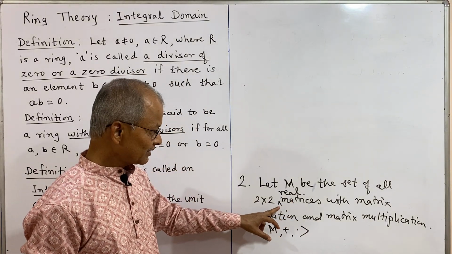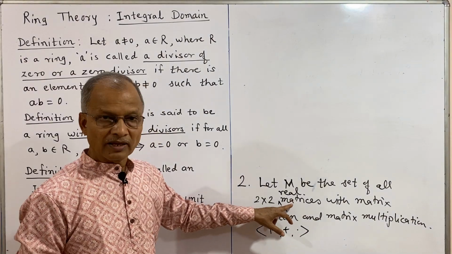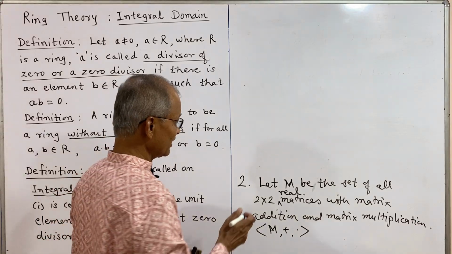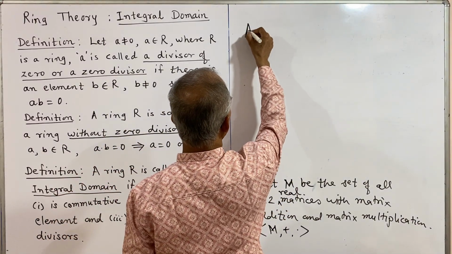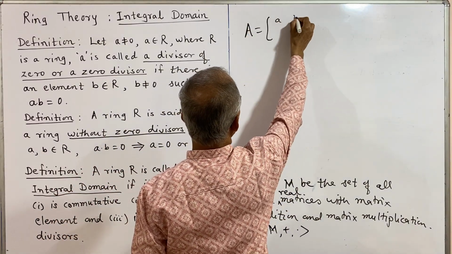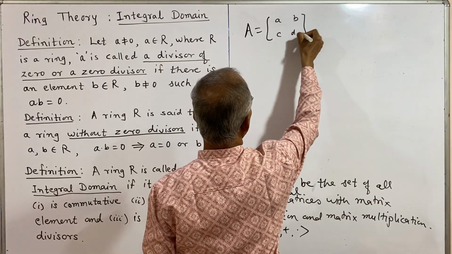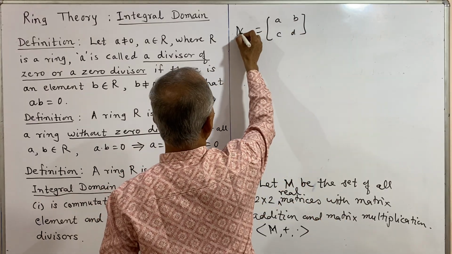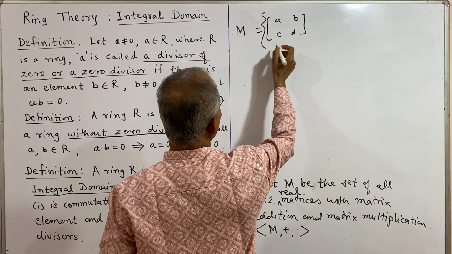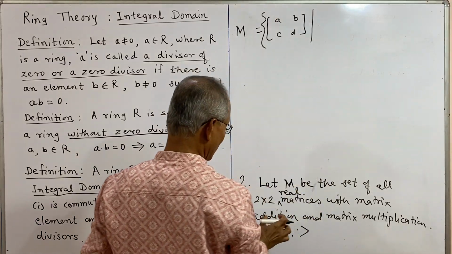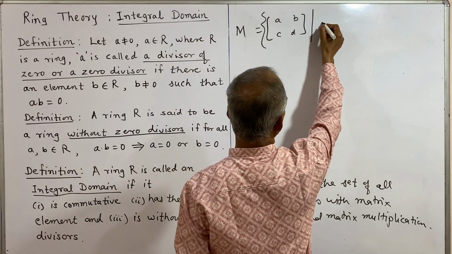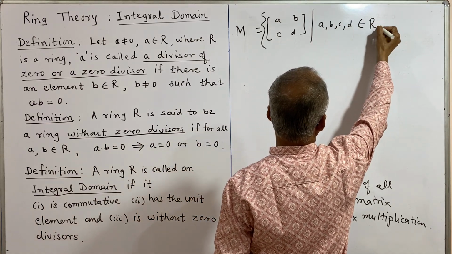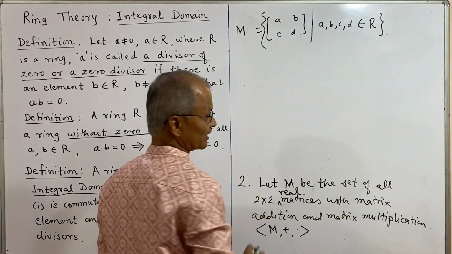It is a 2 by 2 matrix, and the general matrix can be denoted as A, B, C, D. This is the set M, matrices of order 2 by 2, where A, B, C, D are real numbers.